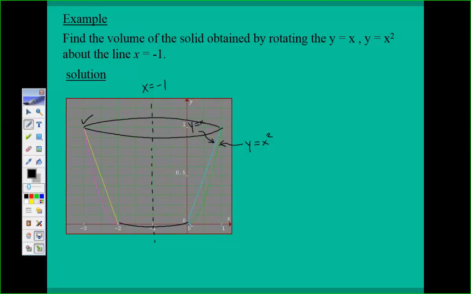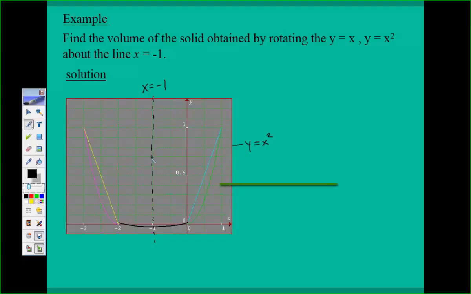But let's just go back to what we have here as far as our function is concerned and where we are rotating it around.